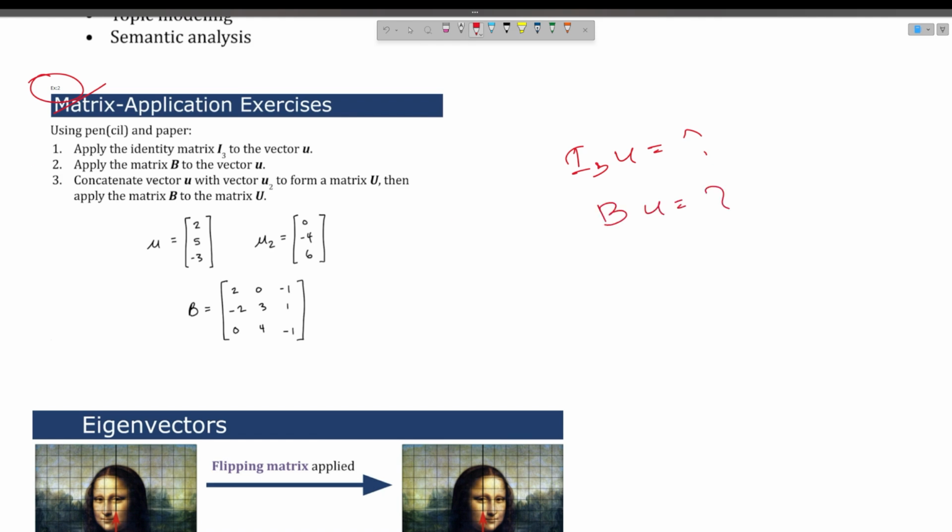Then concatenate vector U with vector U2 to form a matrix U, and apply the matrix B to the matrix U. That's the process. The values have been provided, and that's it.